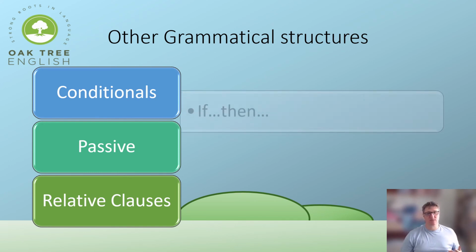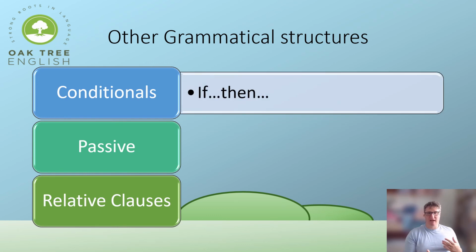Conditionals are sentences where you start with if and continue with then, or so. So how about this? There are four main conditionals: 0, first, second, third. There are also mixed conditionals.